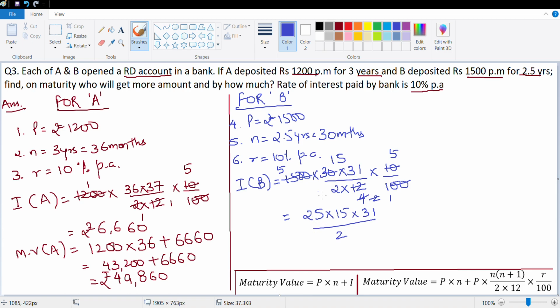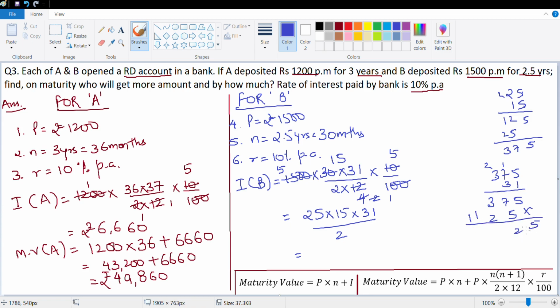That's my calculation. 5 into 5, 25 into 15 into 31 upon 2. Let's multiply. So 25 into 15, that'll be 375, multiplied with 31. That's 3 into 5, 15, 21 plus 2, 22, 9 plus 2, 11, that's 5, 7 plus 5, 12, 6, 1, 1.